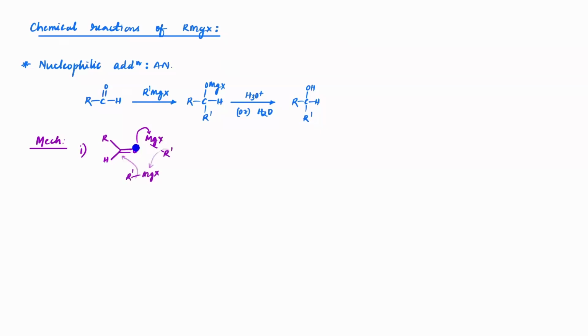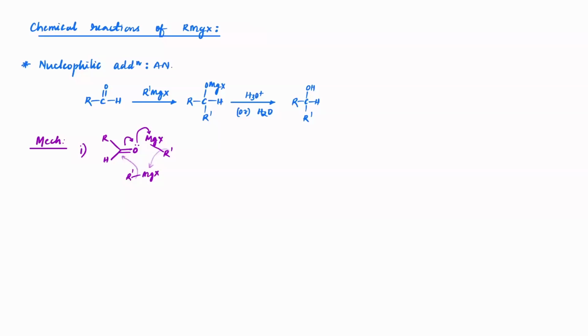First, the lone pair on oxygen attacks MgX, breaking one bond of RMgX here. This R minus will connect to the second mole of RMgX, and this R minus will go attack here, and the pi bond from here will shift onto oxygen. In short, it is like a six-membered ring.